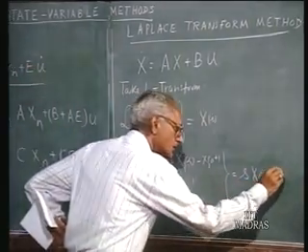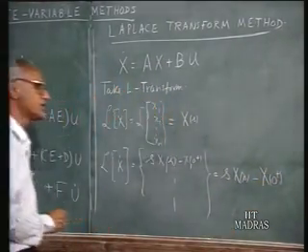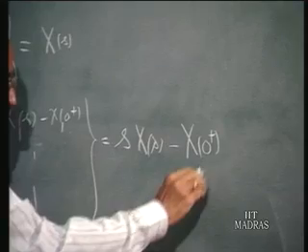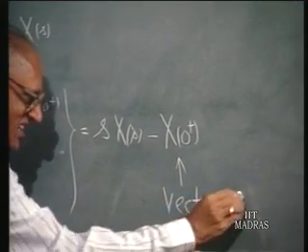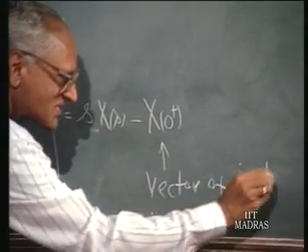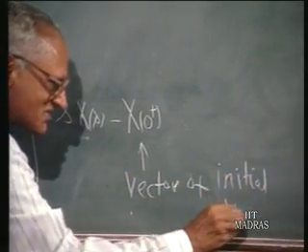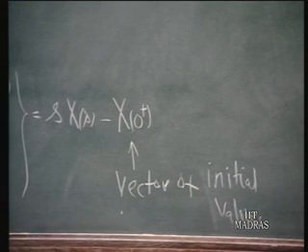Here x(0+) is a vector of initial values, that is, the value of the state at time t equals 0 plus.